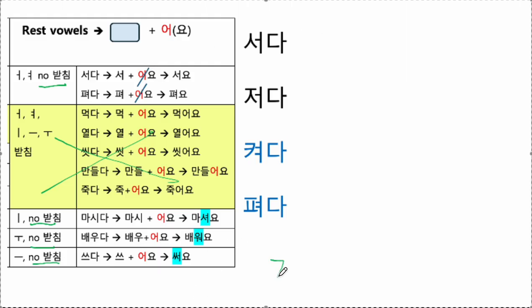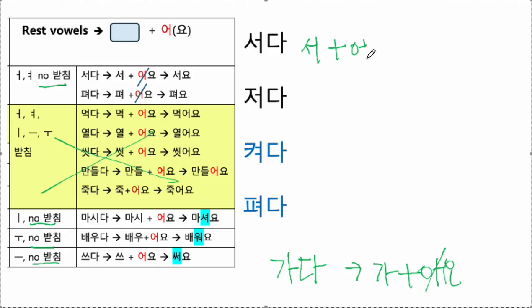just like when we did 가다, it was 가 plus 아요, and we just drop 아. It's just 가요, right? Same thing. 서 plus 어요. If you say it slowly, 서어요.